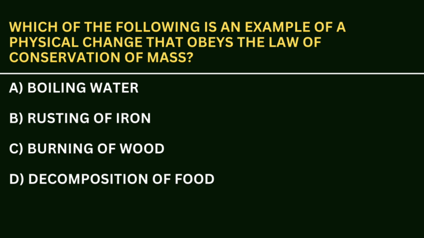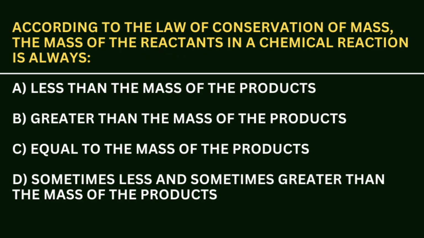Option A, boiling water. According to the law of conservation of mass, the mass of reactants in a chemical reaction is always option C, equal to the mass of products.